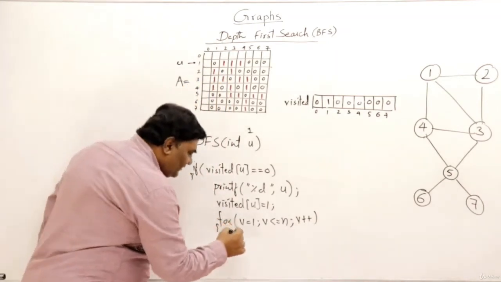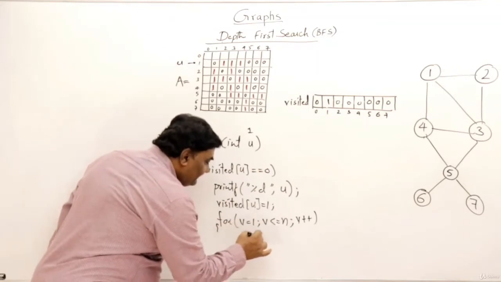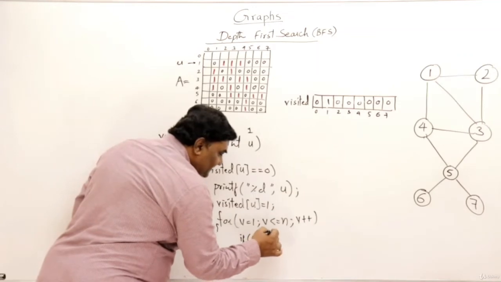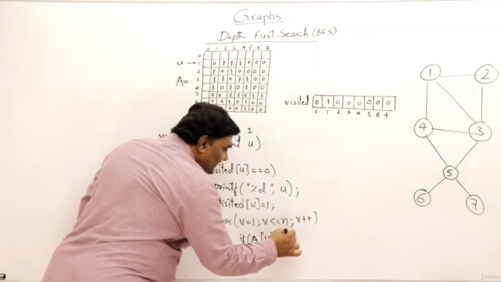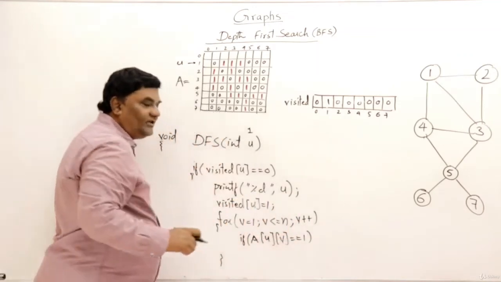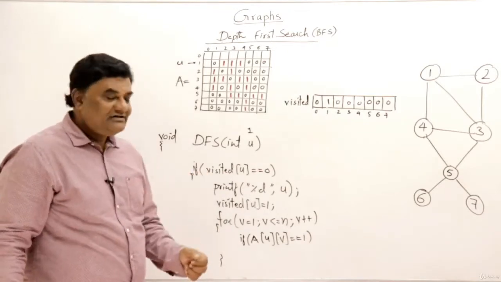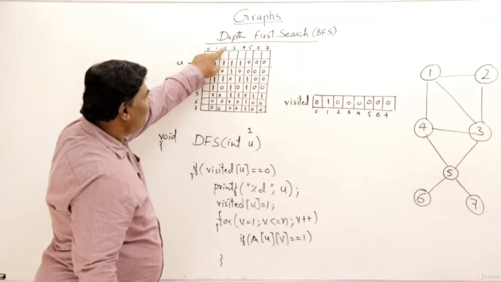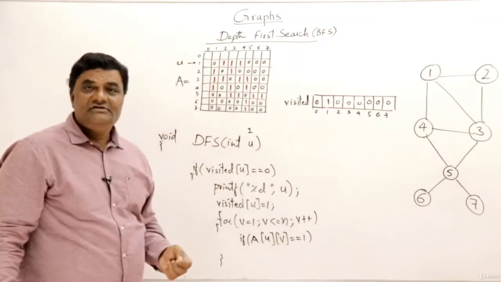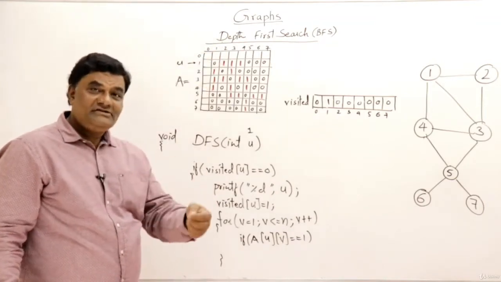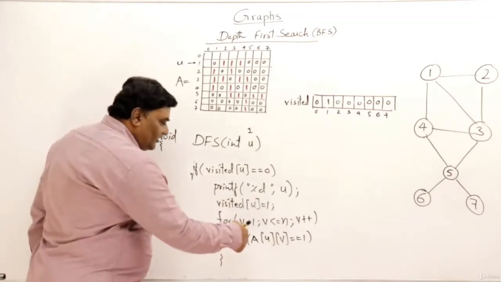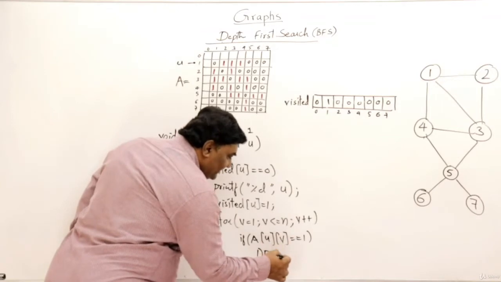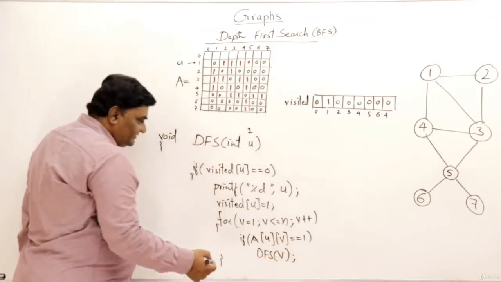So I will write: if the matrix at location u comma v is equal to 1, meaning there is an edge from u to v. Let us say v is 2. So there is an edge, so perform depth first search on 2. That is, on v. That's all.